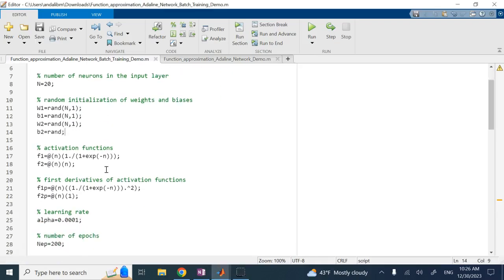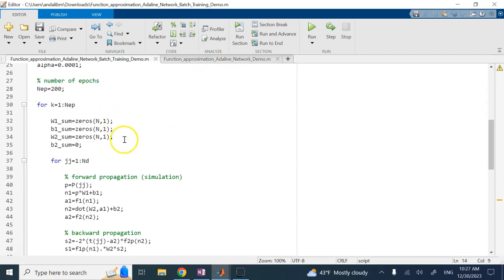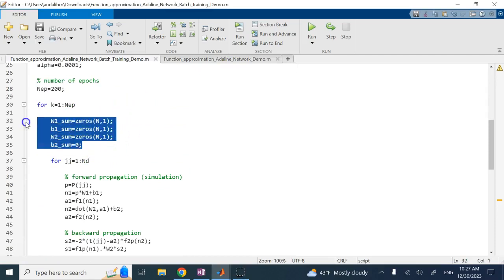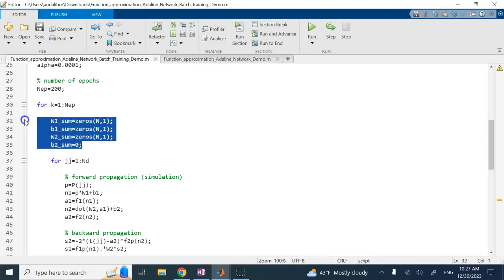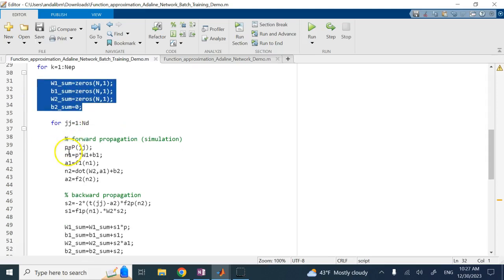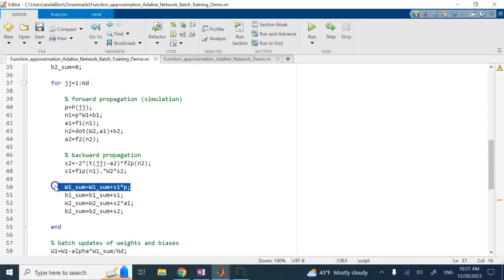So now this is what I have. If you look here, that's the same code, except I start the summation terms at the start of each epoch. I start them at 0, as you can see. And then as I go through each and every one of the inputs, I add to these summation terms, S1, S2, A1, and S2, and this P is the same as A0.